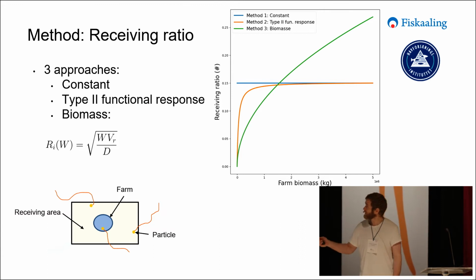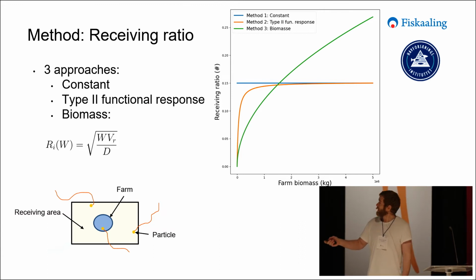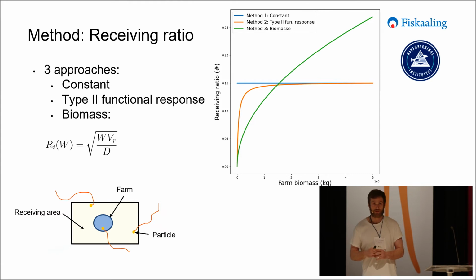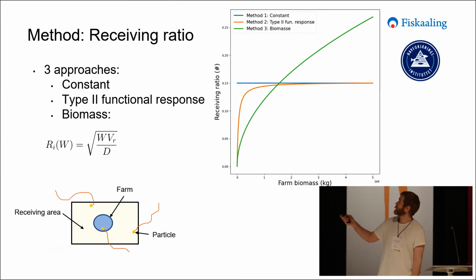And this initially is also low. But after, if you have, for example, about 5 million kilos of fish in the farm, you will take up or receive over 25% of the particles that enter this receiving area.